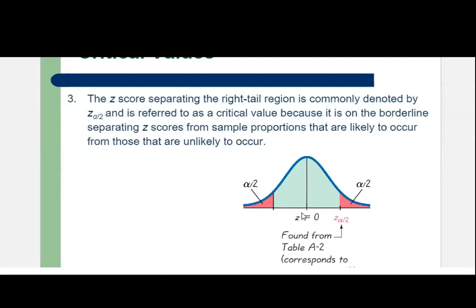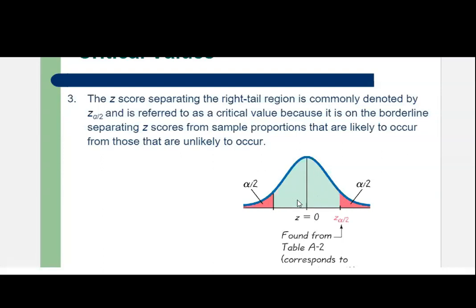So the question is, how many standard deviations away from the center will give us that cut point between the confidence and the significance level, or HA and H0. So this is HA area, this is H0 area, right? This is where H0 values are. This area is the bigger area.